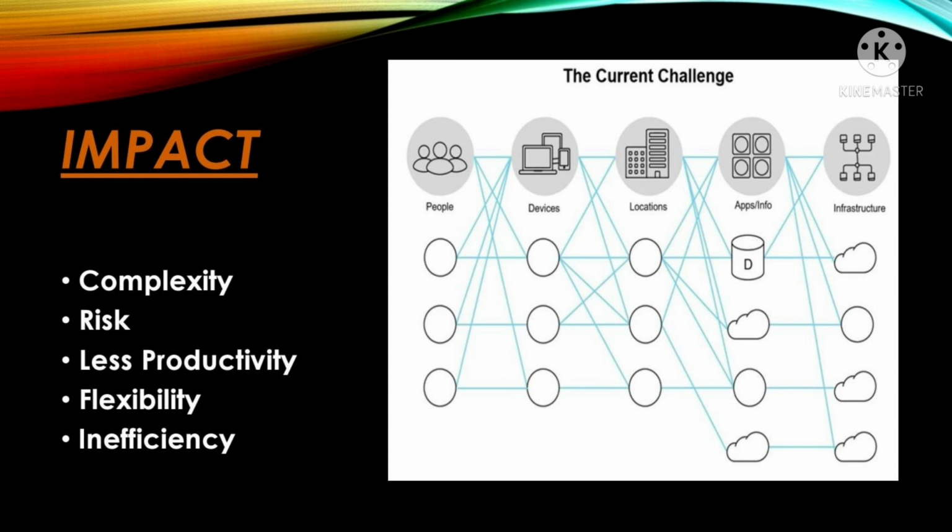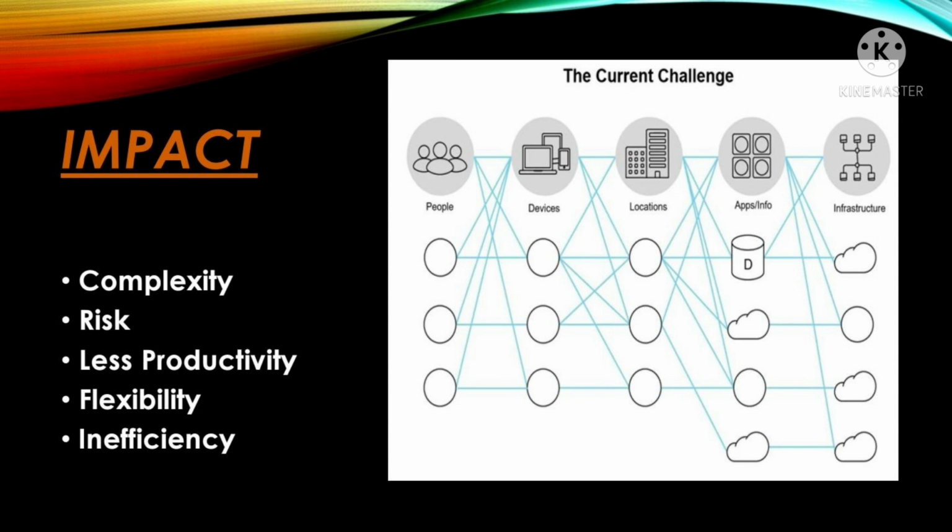Now, let's look at how Citrix Cloud solves the complexity of the hybrid multi-cloud environment. As we all know, people use devices in many locations, accessing apps and data served from various infrastructure. It's becoming extremely tough to manage different people in different roles due to the different permissions or access they require.